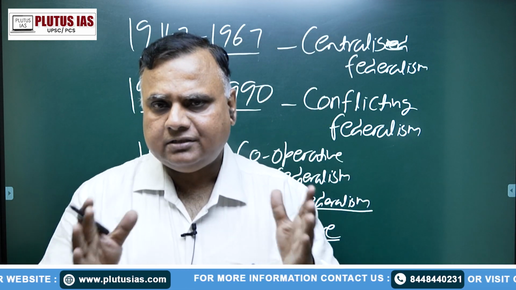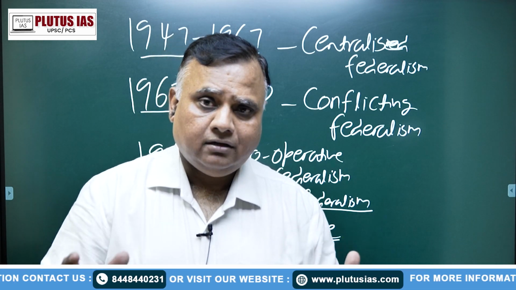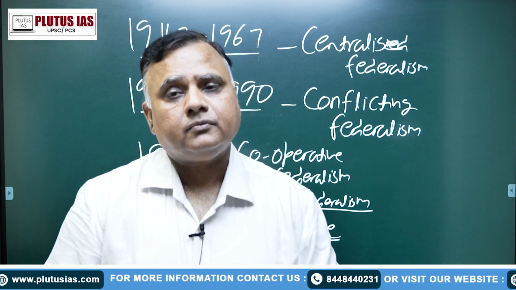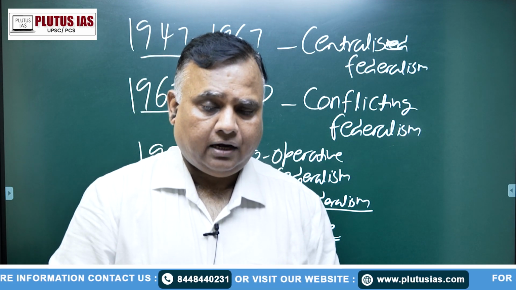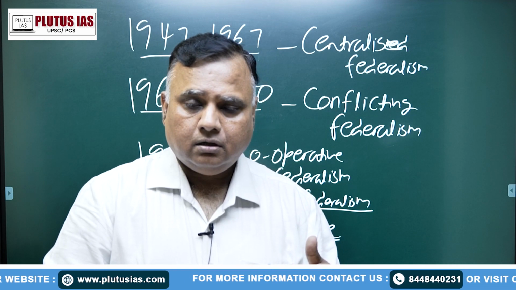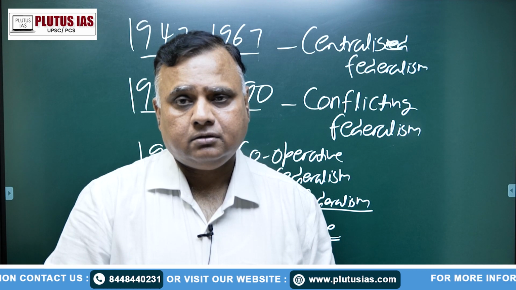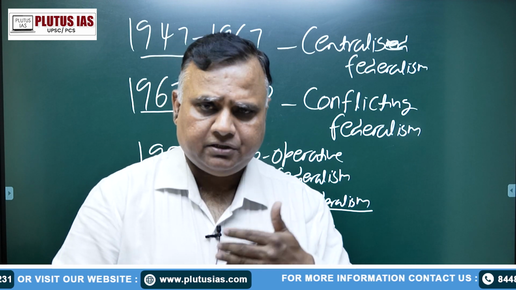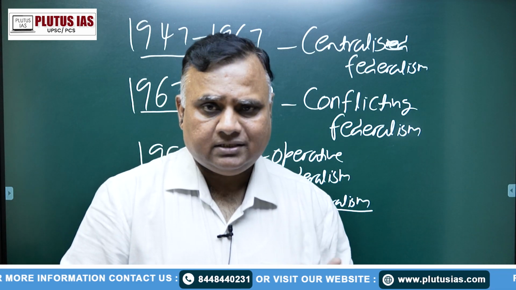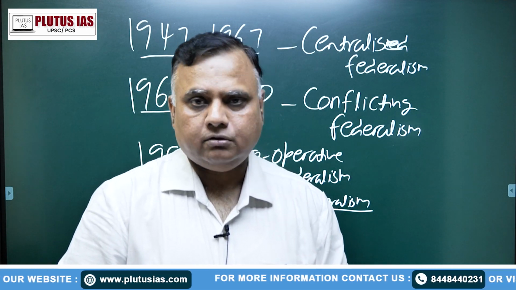So we have discussed all these things in brief, and in detail later. You will have to sync these things with the other aspects like Article 1, Part 1, and then Part 11, Part 12, Part 13, and various things like emergency provisions, how the bureaucracy is also pro-center, how the Finance Commission is also pro-center.